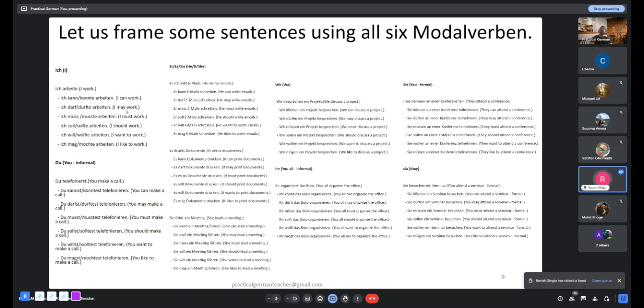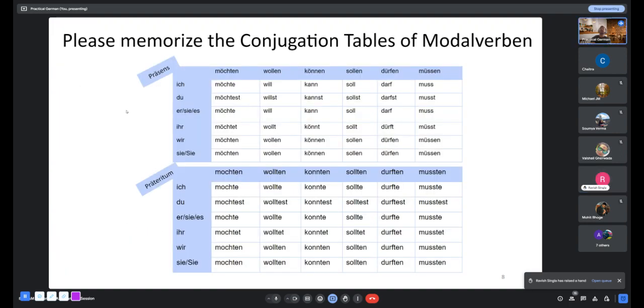Er darf, there is no t at the end. That's what I said. In Präteritum, if you want to find it for ich, just remove the end part. So mochten becomes mochte, wollten becomes wollte, konnten becomes konnte, sollten becomes sollte, durften becomes durfte, mussten becomes musste. And if you know it for ich, it is the same for er.